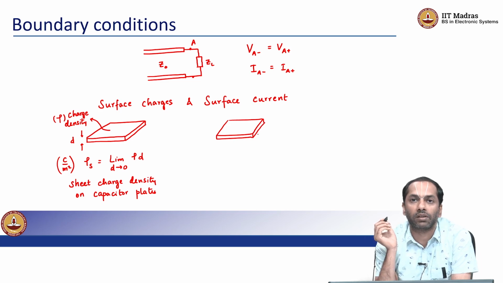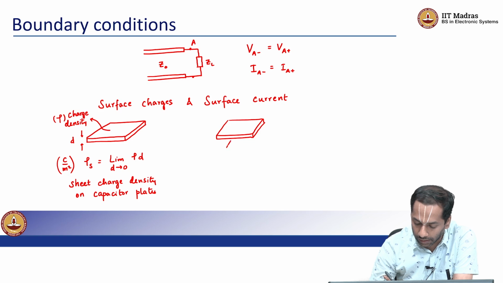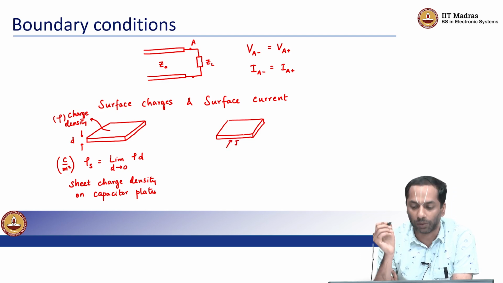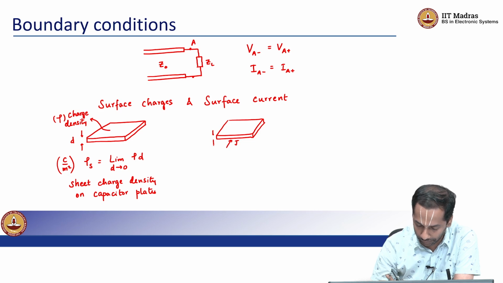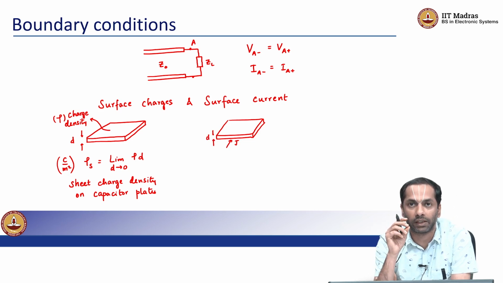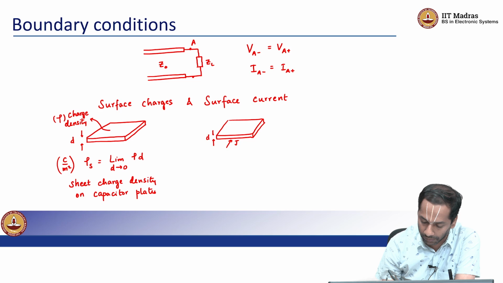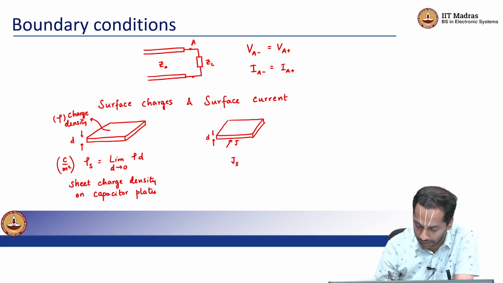So the same situation for current. If I have a certain volume current density J that's flowing through this volume, and if I were to just shrink the thickness over which this current is flowing, I end up with a surface current Js.